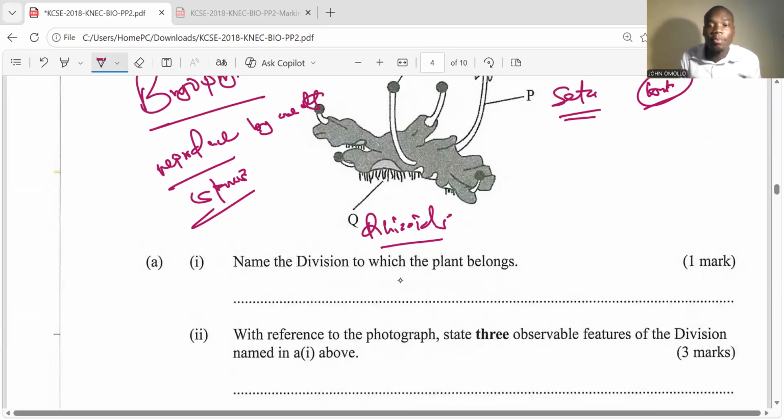Name the division to which the plant belongs. I have said the division is Bryophyta. With reference to the photograph, state 3 observable features of the division named in one above.